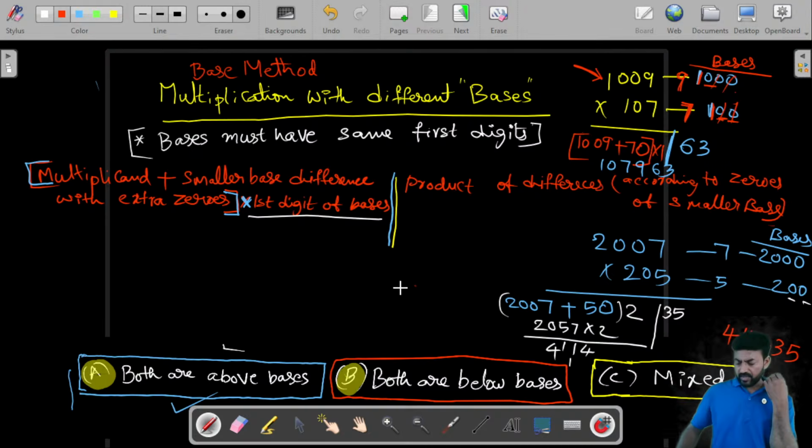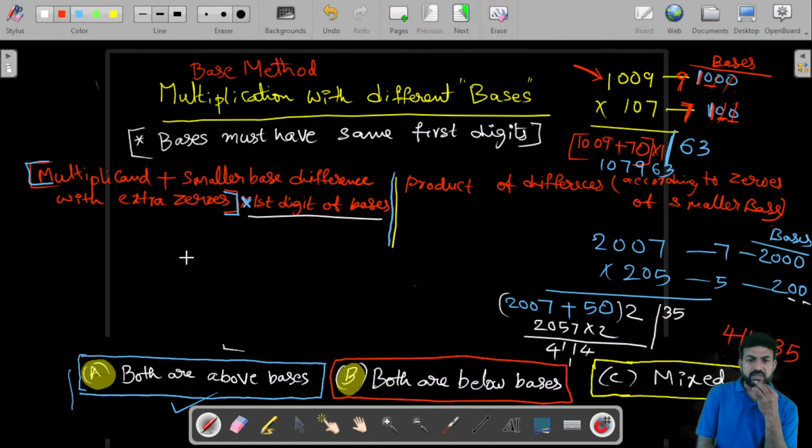If you understood, just do this. Do this multiplication.